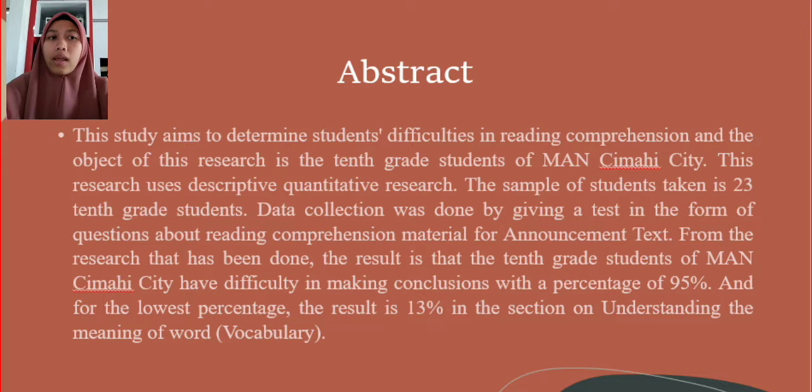From the research that has been done, the result is that the 10th grade students of Cimahi City have difficulty in making conclusions with a percentage of 50%. And for the lowest percentage, the result is 13% in the section on understanding the meaning of word vocabulary. We jump to the next slide.